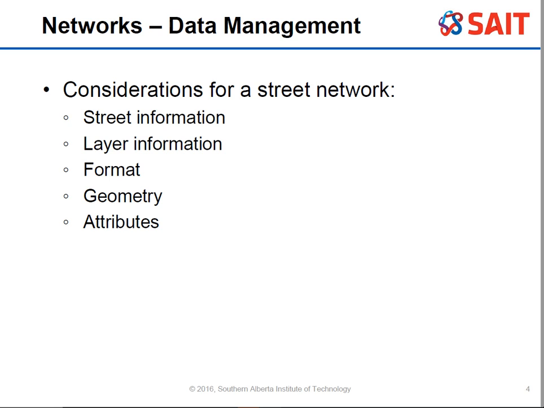So some of the considerations that you need to consider, there's a big list of them, so there's 2 slides. And this is for a street network. First of all, you need to know the street information.